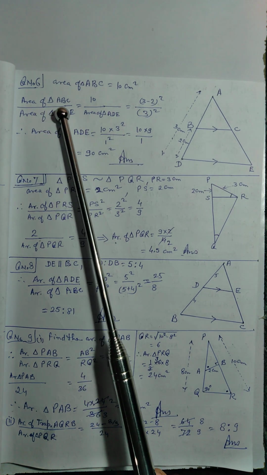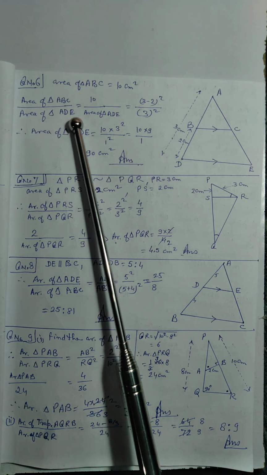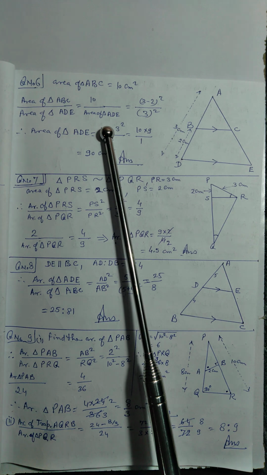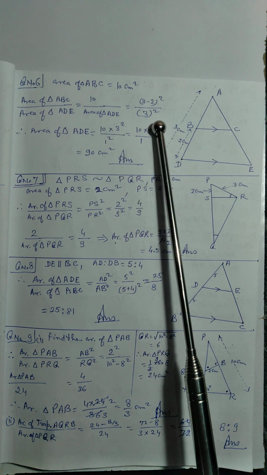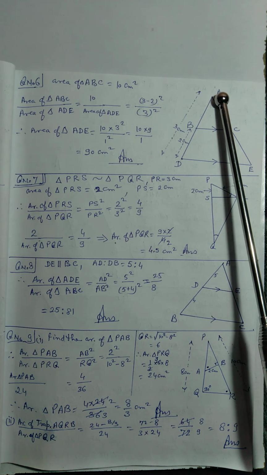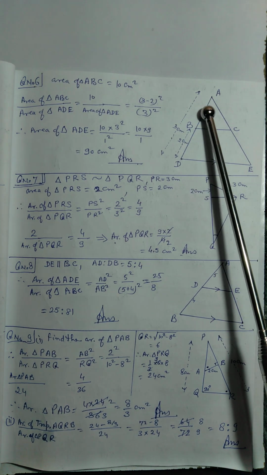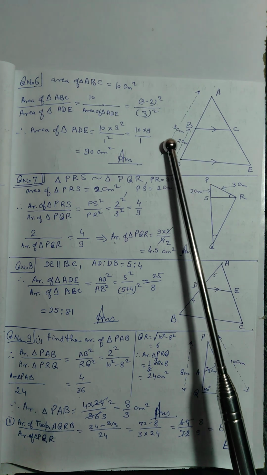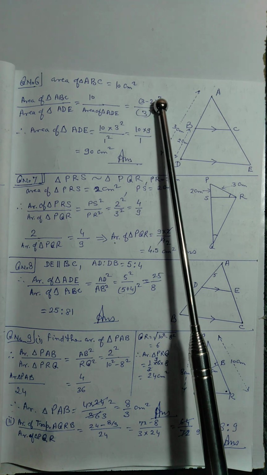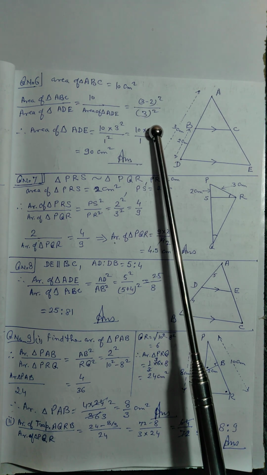Therefore, the area of ABC upon the area of ADE will be equal to 10 upon area of ADE and the square of the corresponding side. So AB will be equal to 3 minus 2... 3 minus 2 whole square upon 3 square. So it will become 1. 1 का square किया 1 and 3 का square किया 9.